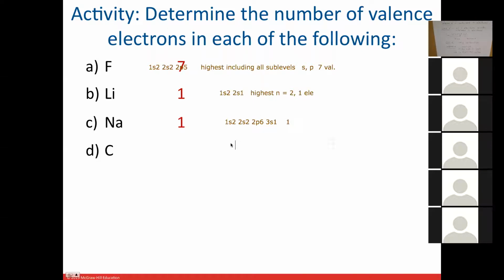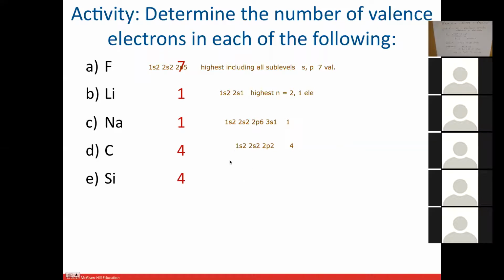I have to go back and do the electron configuration: 1s2, 2s2, 2p2. How many valence for carbon? 4, right? Absolutely. Silicon, it's in the same family, right below carbon. What's it going to be? 4. Yeah, it's also 4.